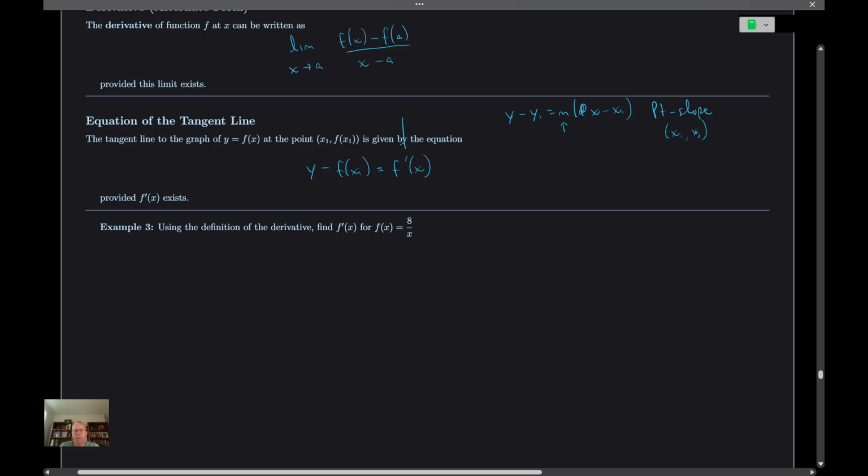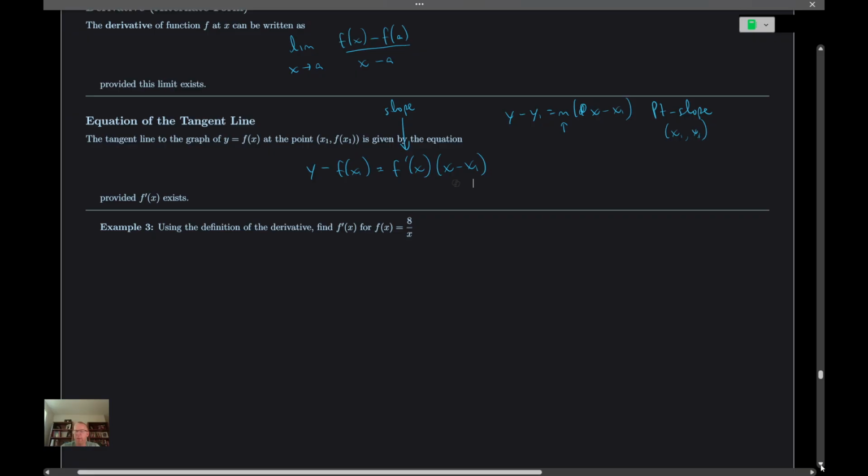Again, this is just the slope at that point, whatever point you're looking at, and then times x minus x1. So same form, we're just changing our notation and making it a little bit broader. The other form really only refers to straight lines, linear functions. This refers to any function.